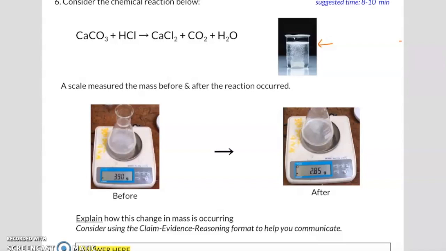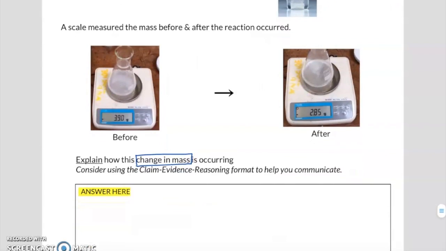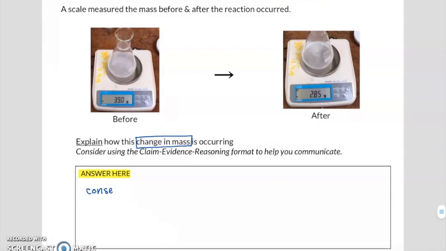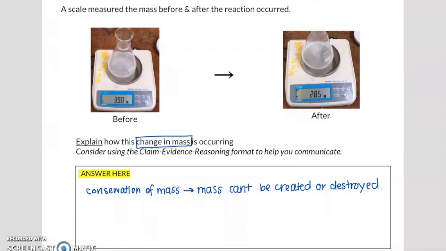The first thing that comes to my mind here when I see a change in mass is really conservation of mass. Conservation of mass says that mass can't be created or destroyed. Here, you're noticing that our scale went from 3.9 grams down to 2.85 grams.